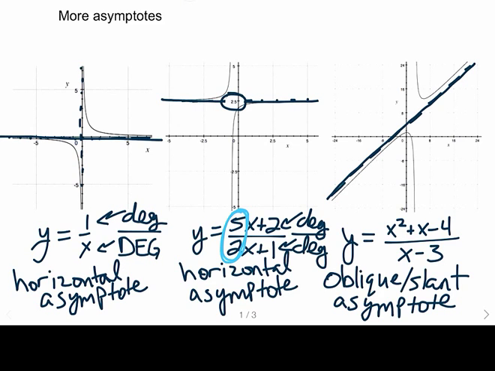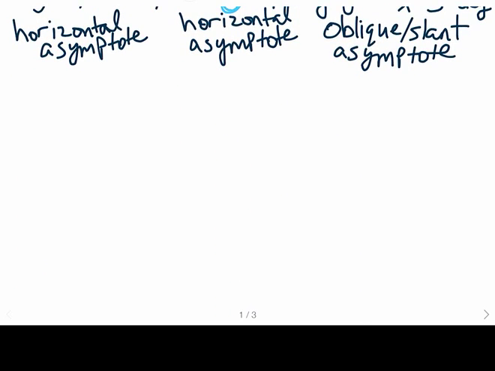For the third function that we're looking at, x squared plus x minus 4 is degree 2 in the numerator, and in the denominator, x minus 3 is degree 1, and so what we have is the degree of the numerator is bigger than the degree of the denominator. And if they differ by 1, as they do here, then we end up with that slant asymptote. Let's recap.